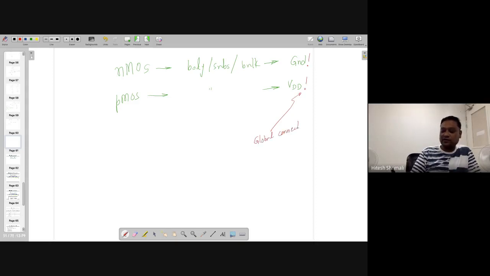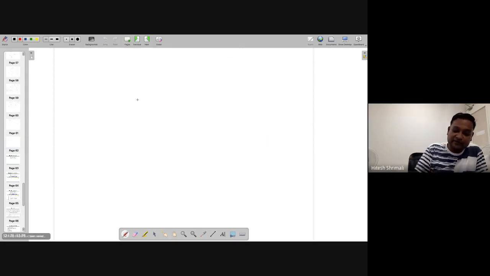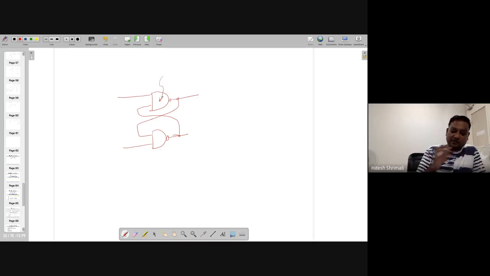What I mean by global connection is as follows. Let's assume that I'm making a circuit that looks like this. Inside this, around 4 transistors are there. Inside this, another 4 transistors are there. So in all, 8 transistors.